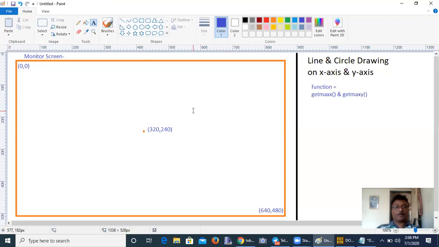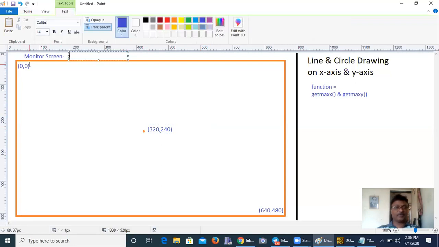Now I want to draw an x-axis and then a y-axis. Suppose this is the x-axis on a monitor, and this is your monitor y-axis.